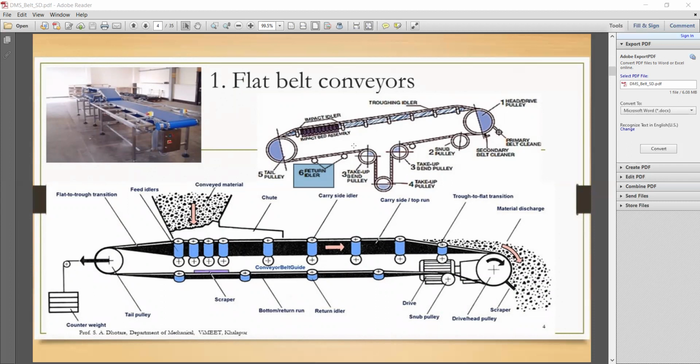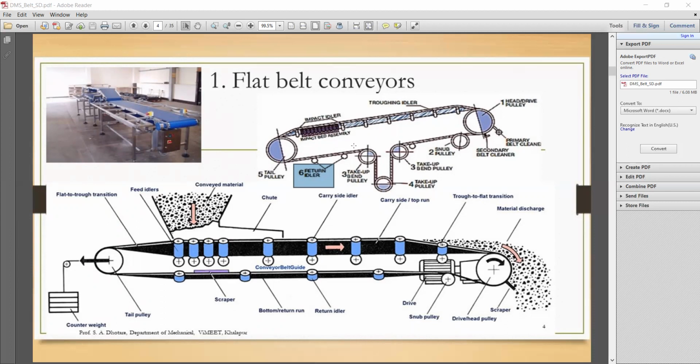So in the figure you are seeing the construction and the layout of belt conveyor with the different components which you've seen over there. So once again, I will repeat the components of the flat belt: first, conveying belt; second, driving or you can say head pulley; third one is a tail pulley; then snub pulley is there, idlers are there, then belt take-up devices, then feeder unit, then discharge unit, and last one is a driving unit.